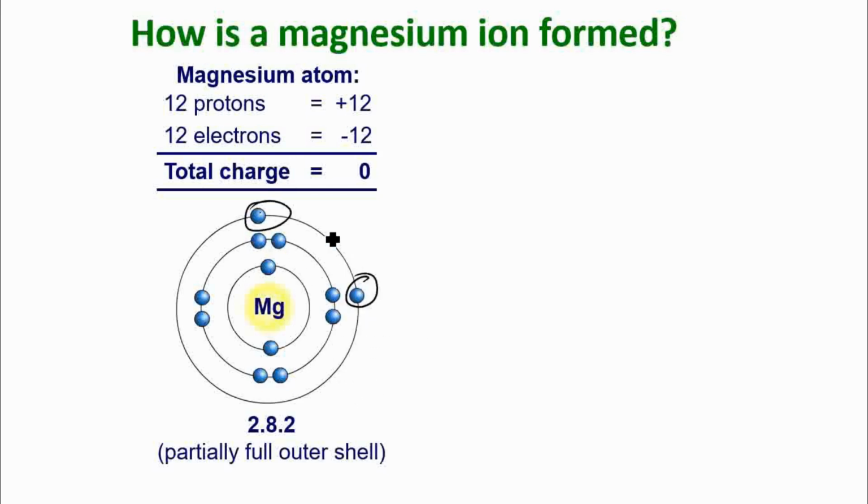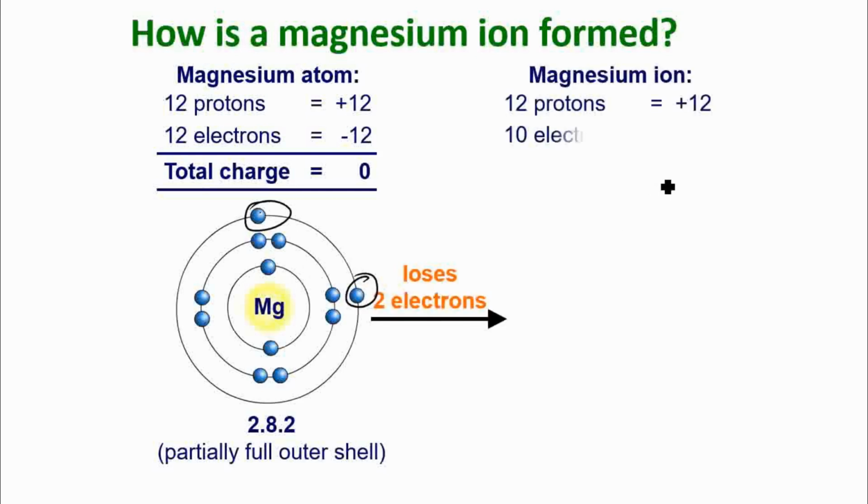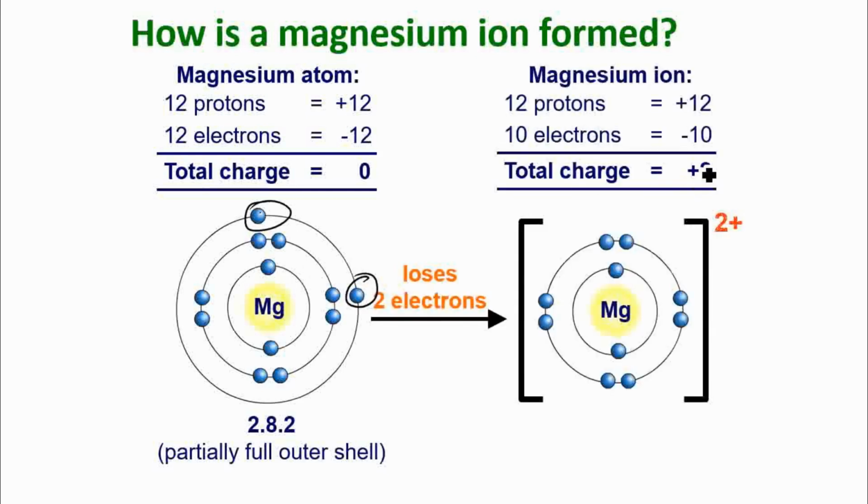It's going to get rid of those 2 electrons or seek 6 electrons. It is easier to get rid of those 2 electrons because you've now lost those 2 electrons. You now end up with this, and therefore you now have a positive 2 charge. Okay, good. So even though you're losing electrons, what is left behind is a positive particle, which is referred to as a cation, which is a type of ion.